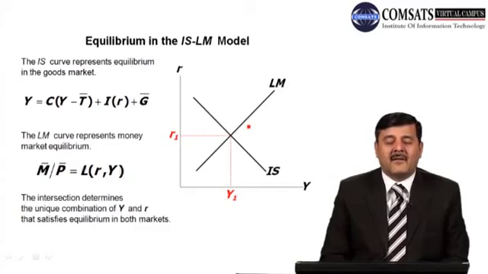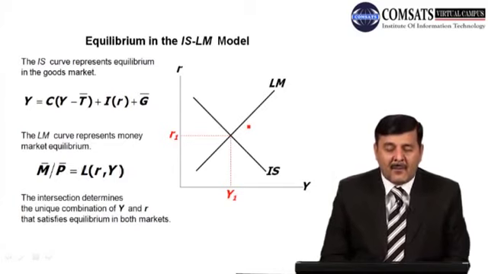The LM curve represents the equilibrium in the money market, and the money market is in equilibrium where the supply of real money balances, which is M̄/P̄, is equal to L(r, Y), the demand for money.